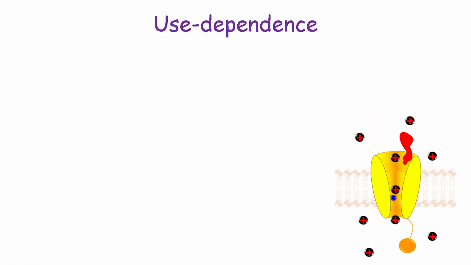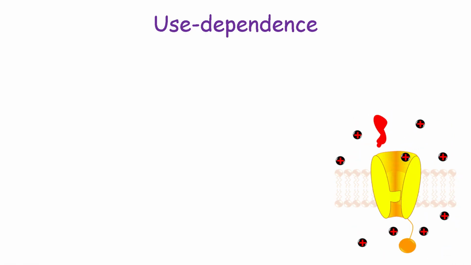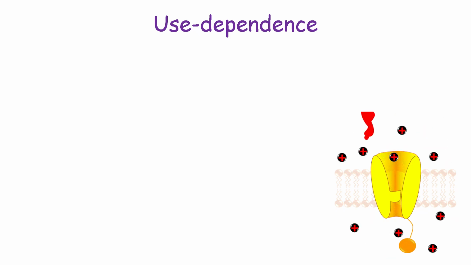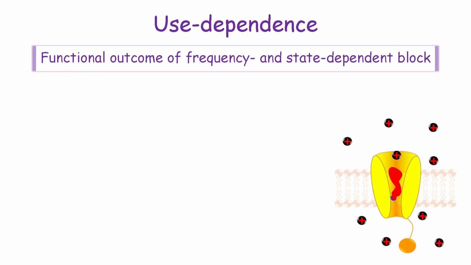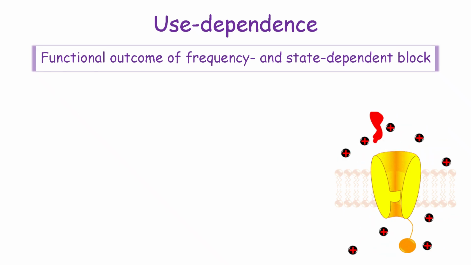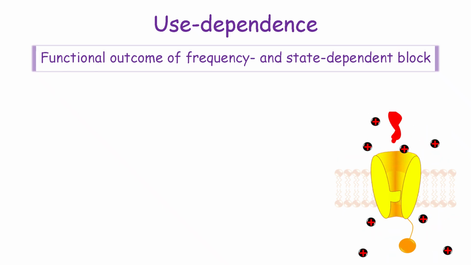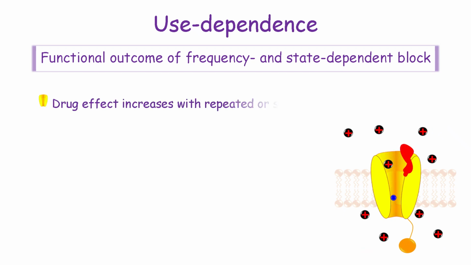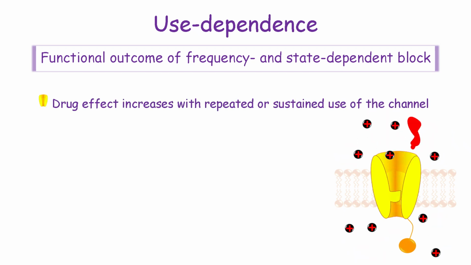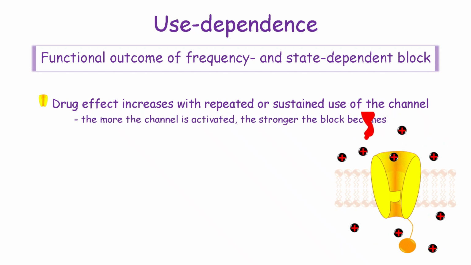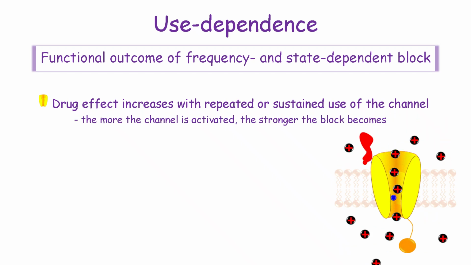Use dependence is a term often used in association with ion channel blocking drugs. It is the functional outcome of frequency and state-dependent block, and simply means that the drug's effect increases with repeated or sustained use of the channel. In other words, the more a channel is activated, the stronger the block becomes.